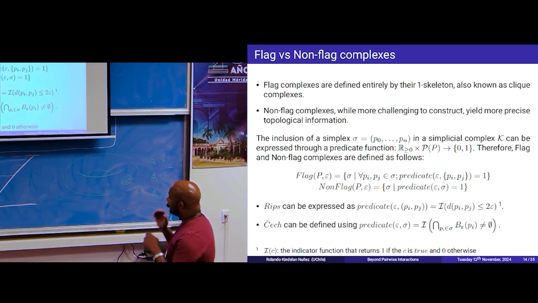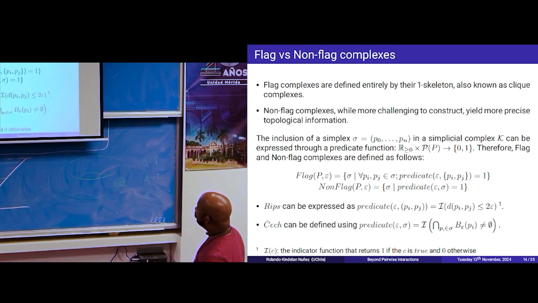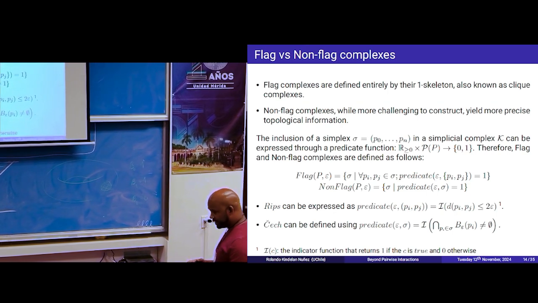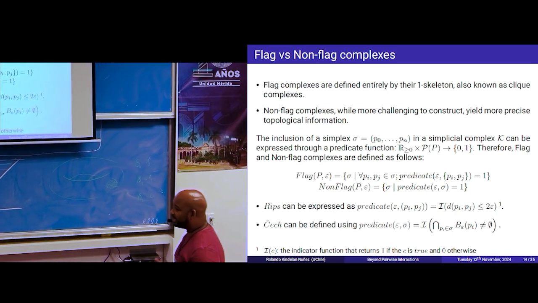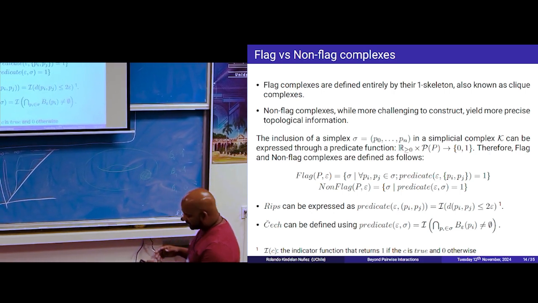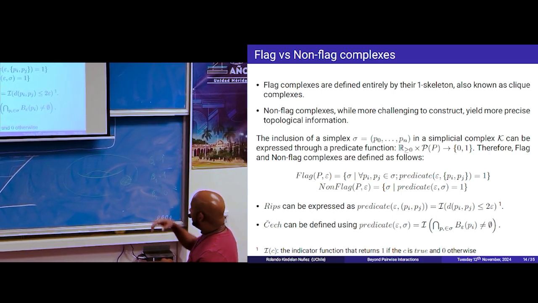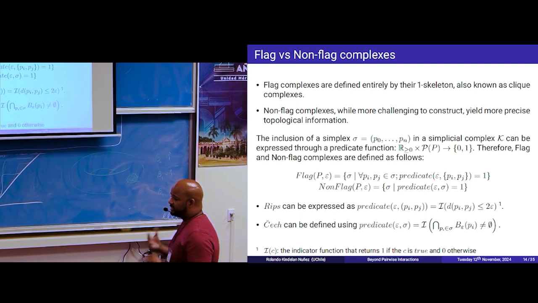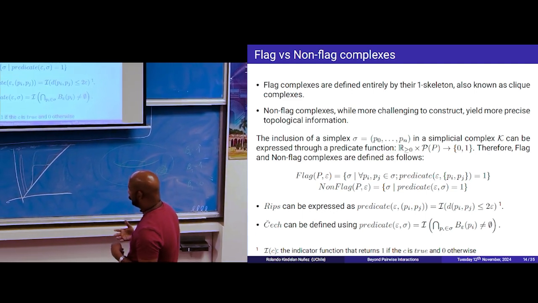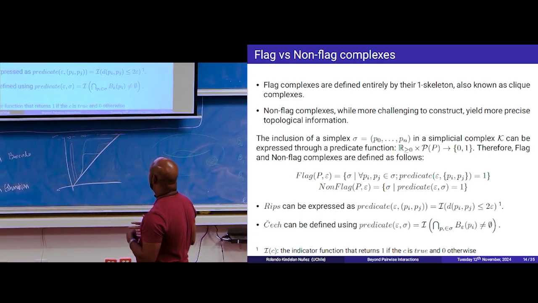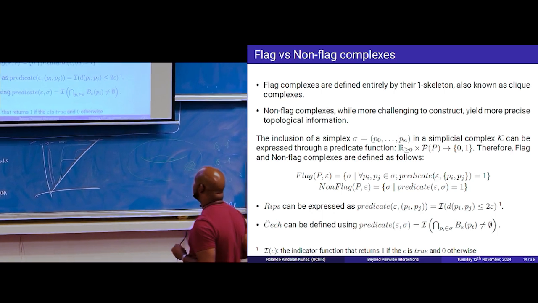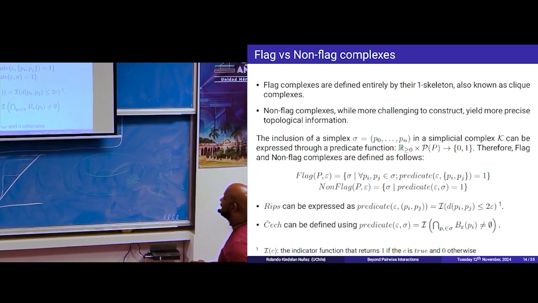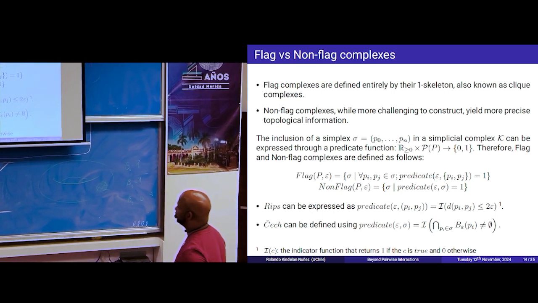So the inclusion of a simplex in a simplicial complex can be expressed through a predicate function. Basically, you can always compare whether the distances employed to construct that complex are higher or lower than a given radius.